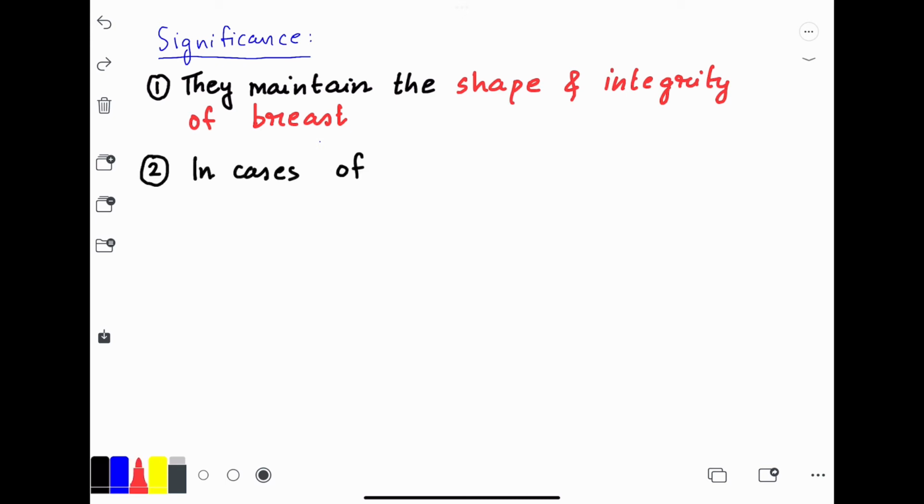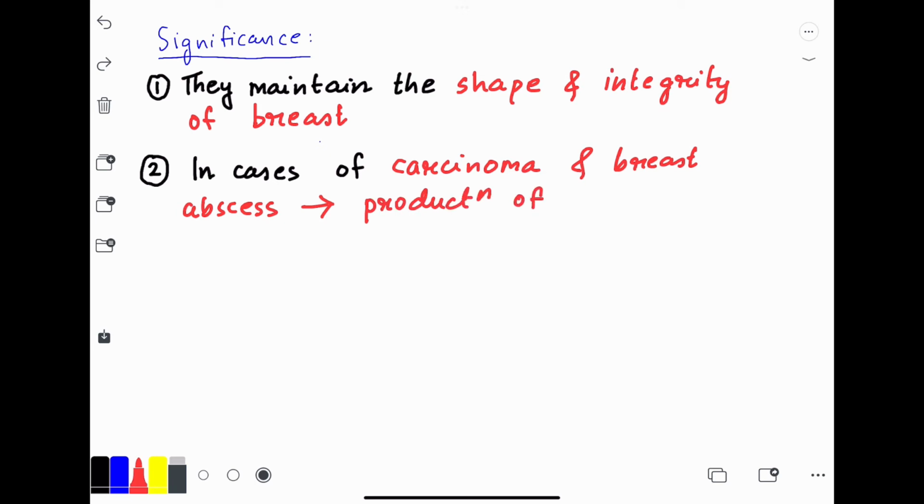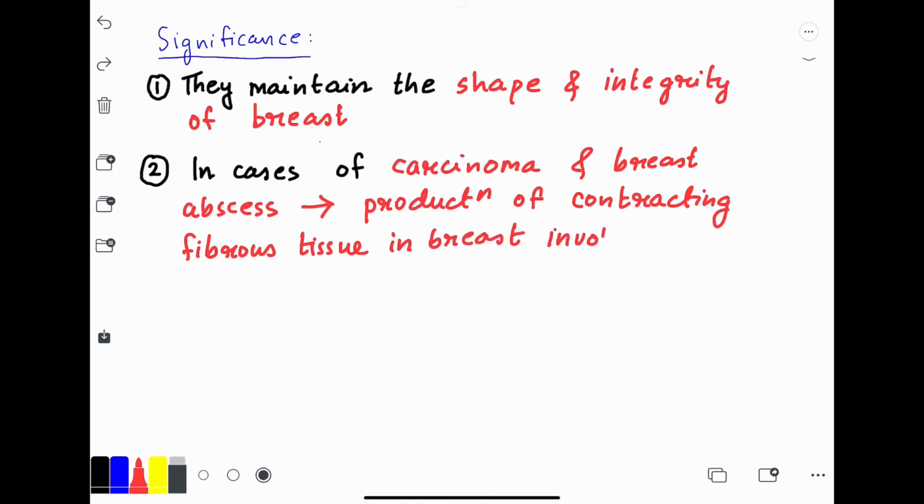If there is carcinoma of the breast, or if there is breast abscess formation, during these conditions there is often the production of a contracting connective tissue. There is production of contracting fibrous tissue in the breast, and this contracting tissue usually involves the fibrous septa.